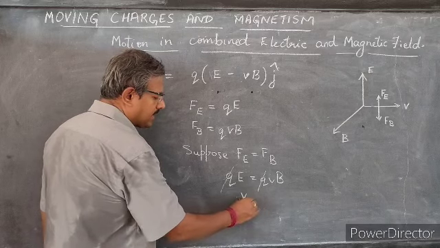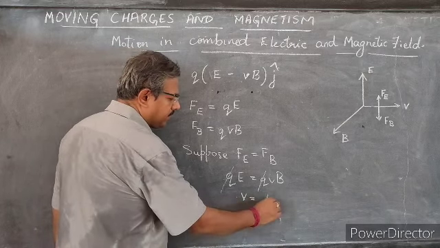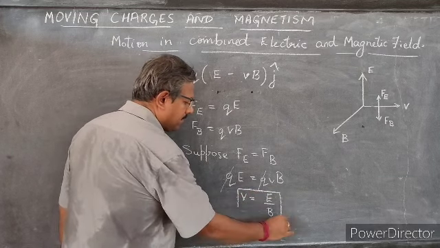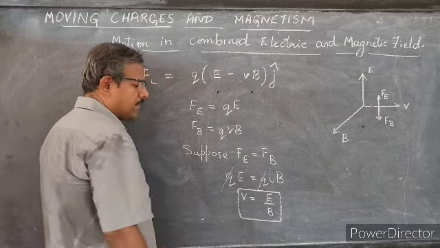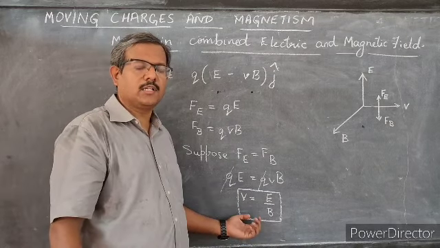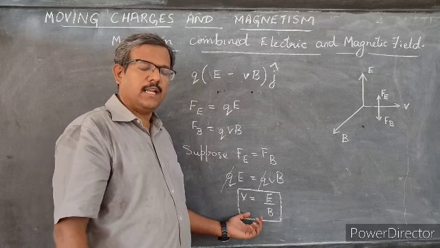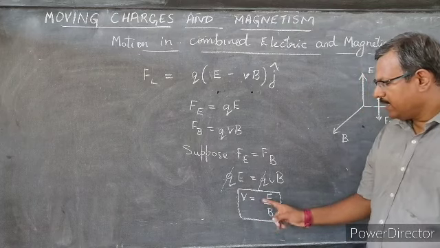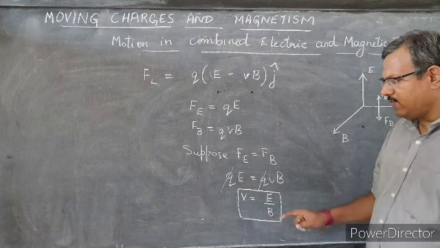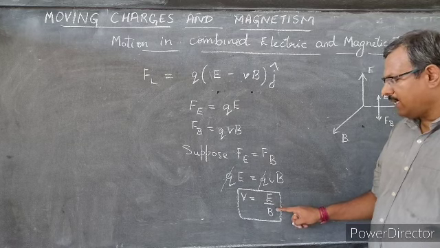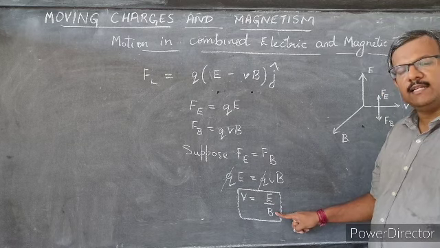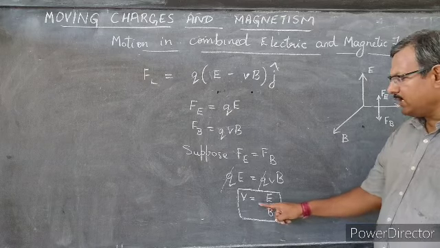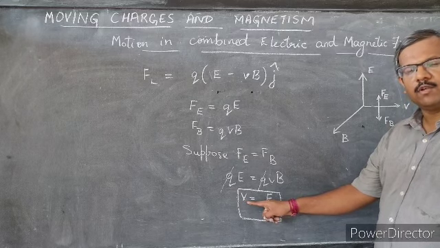I keep V on one side and I get E by B. Now this is an important conclusion to train our sights on, because what it tells you is that when the ratio of the electric field intensity and the magnetic field intensity is taken, that should equal the velocity of the particle.